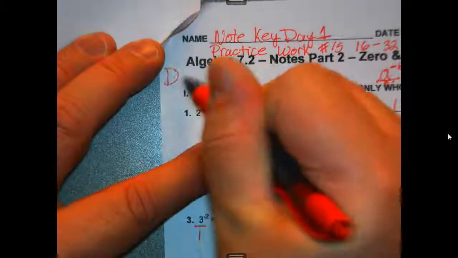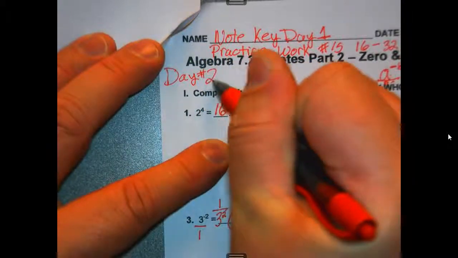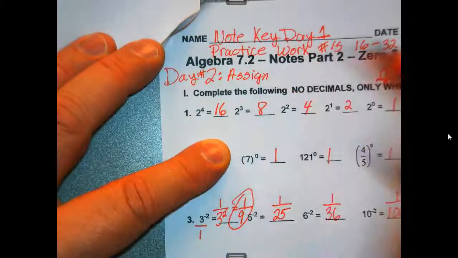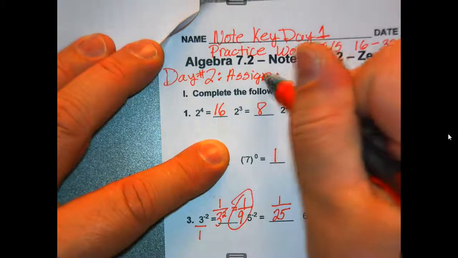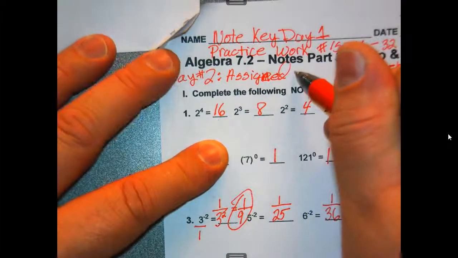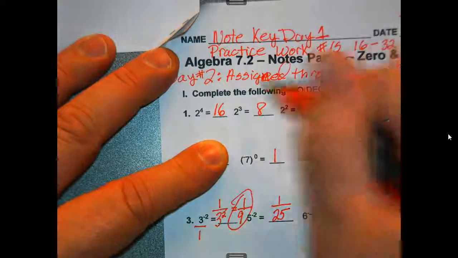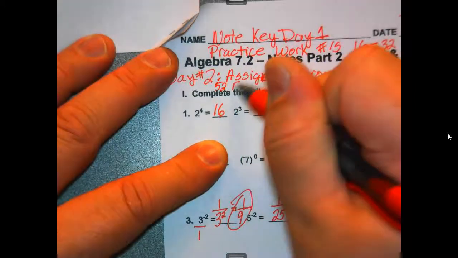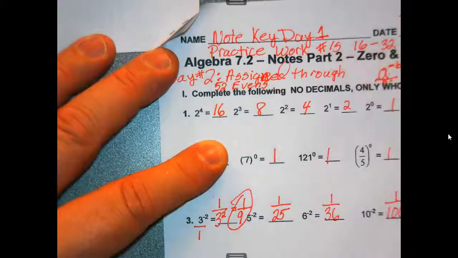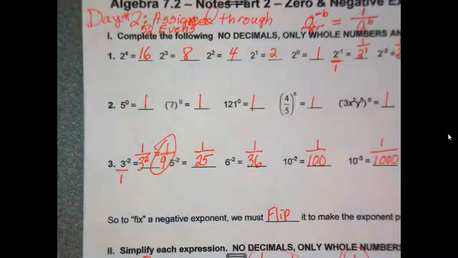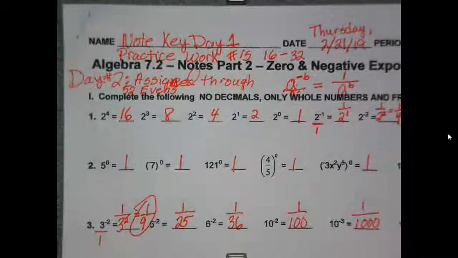So day 2, through 52 evens. I think everybody actually got the notes today, right?